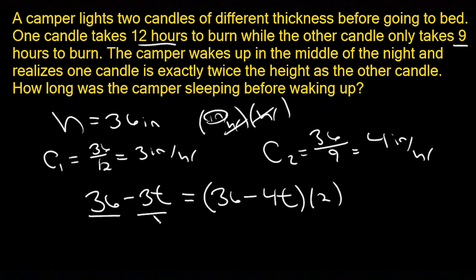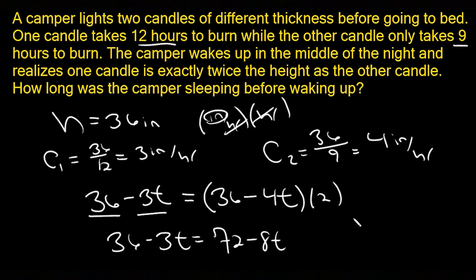So to do that, we're going to have to take this 2 and distribute inside. So I'm going to get 36 minus 3t equal to 2 times 36, which gives you 72, and then we get minus 8t. And then we're going to go ahead and clean it up. So I'm going to move my variables over to the left-hand side, meaning I'm going to have to add 8t on both sides, and I'm going to have to subtract 36 on both sides.